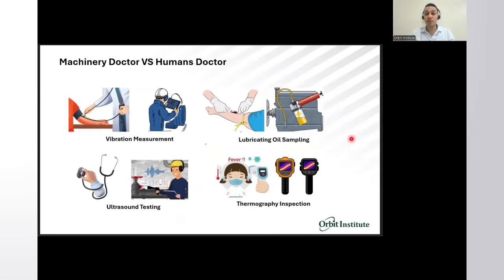The human doctor has a very similar role to the machinery condition monitoring specialist. Both of them are using suitable tools to diagnose and monitor the condition of whatever they are taking care of. The doctor is taking care of patients, and the specialist is taking care of the machine.